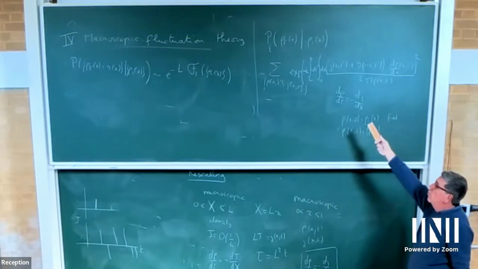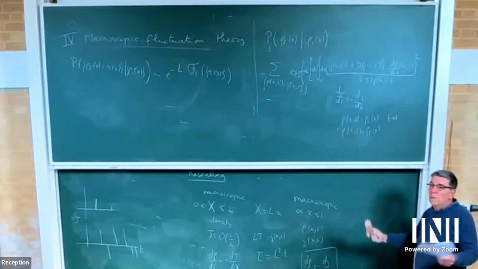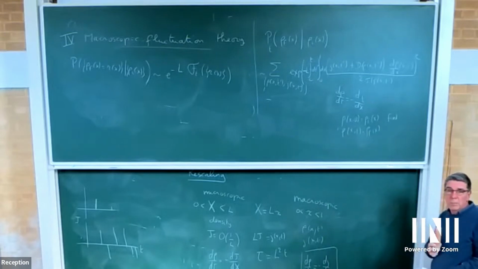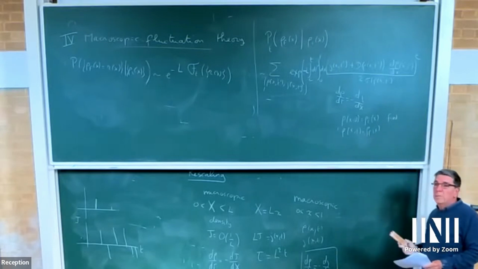Because there is an L in front, it will dominate all the other trajectories. The other trajectories are possible, but they have much smaller probabilities, so you don't need to care. You just have to find the optimal path.